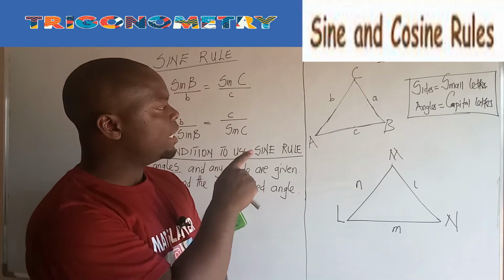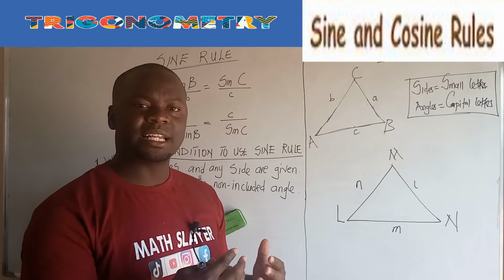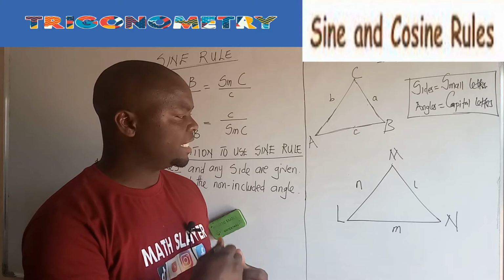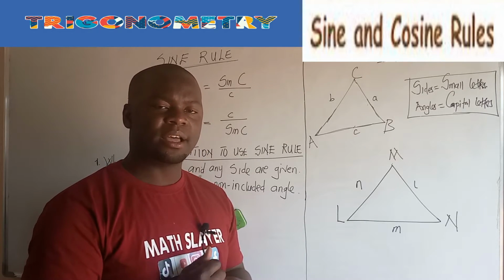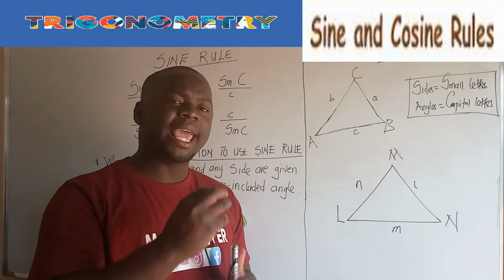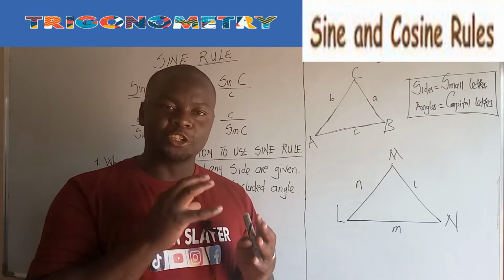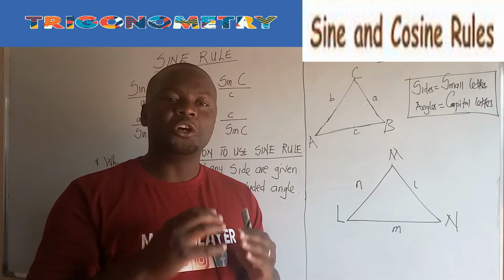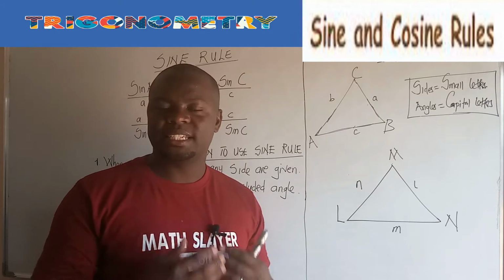As you can see, we have certain letters written in capital letters and some written in small letters. Is this a mistake? No, it's not a mistake. What you need to acknowledge is that we use a capital letter to denote an angle. We use small letters to denote a side or length or distance.